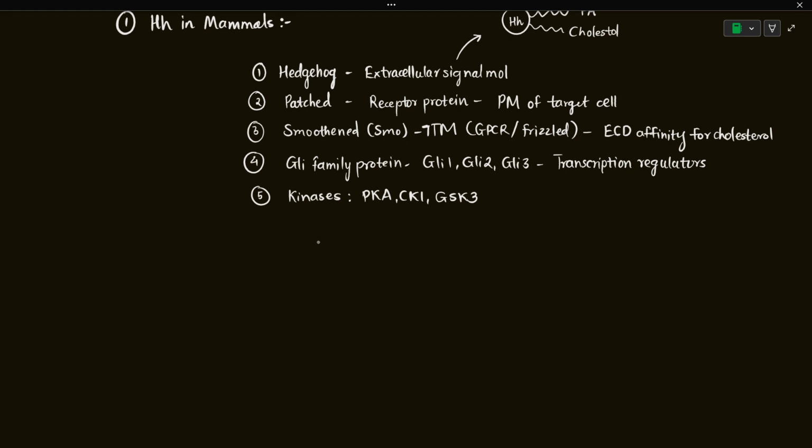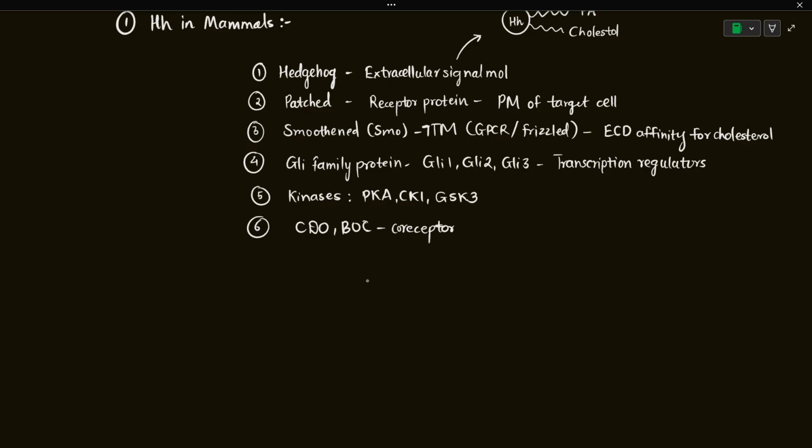And there exist co-receptors such as CDO. Okay, co-receptors. So there exist other proteins such as CDO, BOC, GAS1. So these are the co-receptors. Remember, I told you about IHOG. So IHOG is the co-receptor molecule for hedgehog in Drosophila.